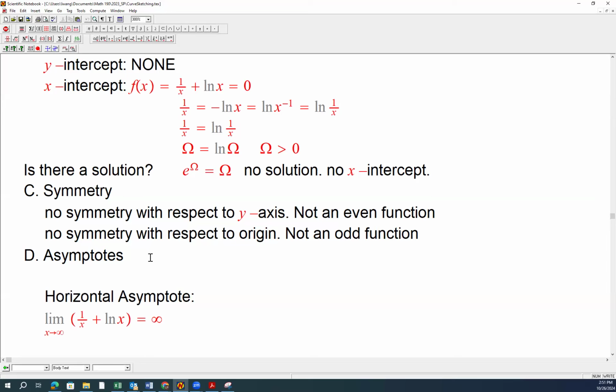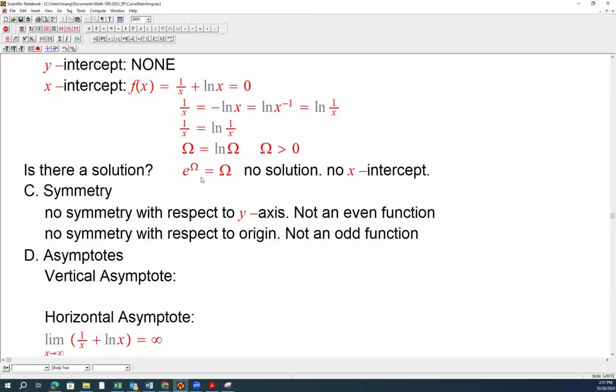So let's look at the vertical asymptote. I think it would be x equals 0, because x can approach 0 as much as possible.